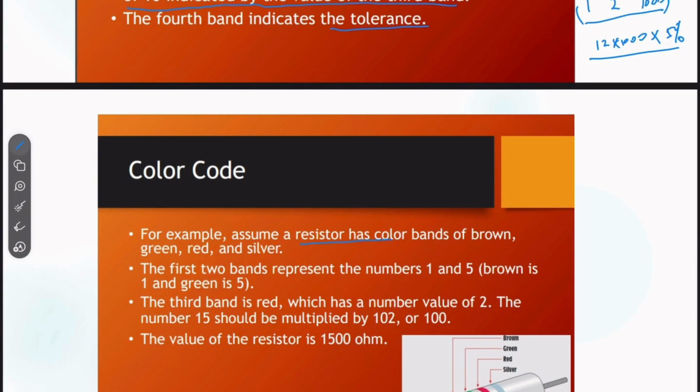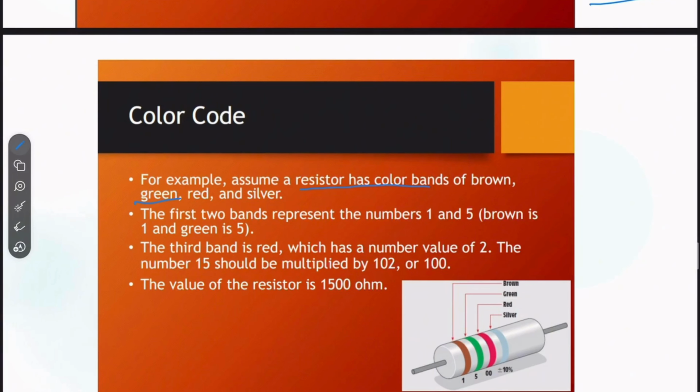For example, assume a resistor has color bands of brown, green, red, and silver. The first two bands represent the numbers 1 and 5. So brown is 1, green is 5.